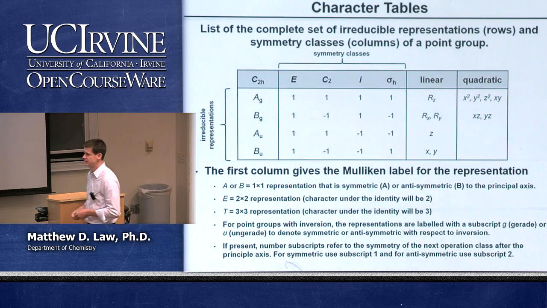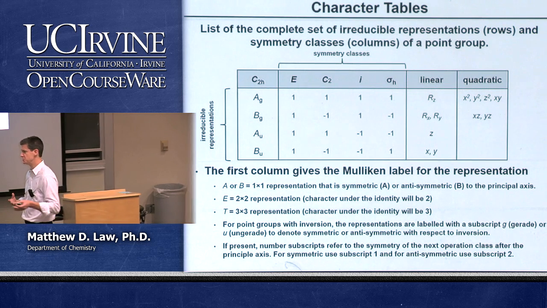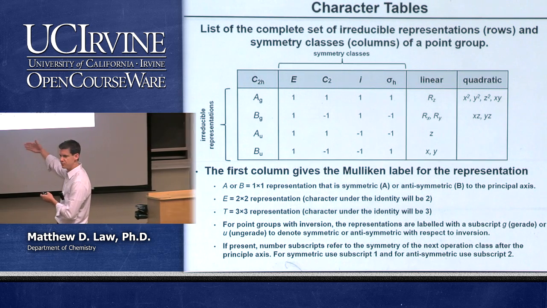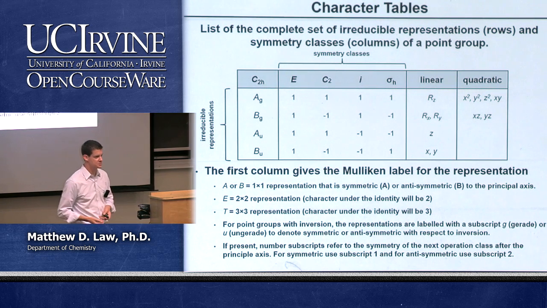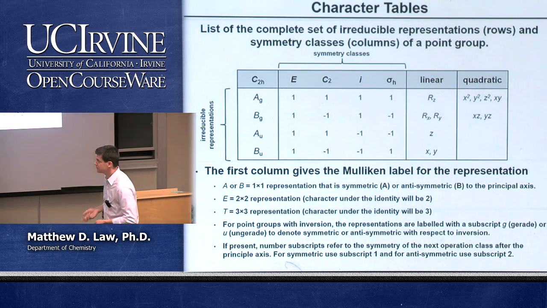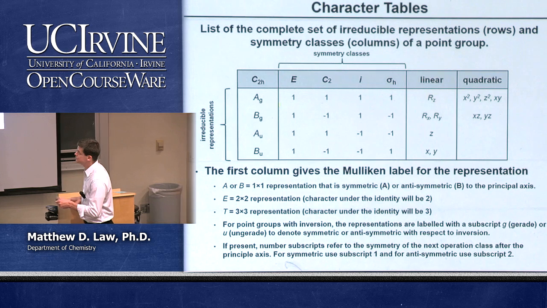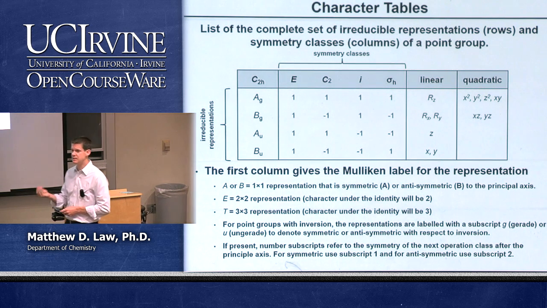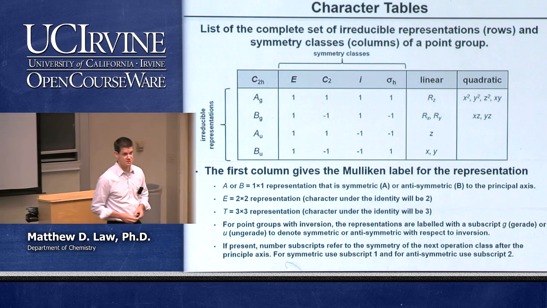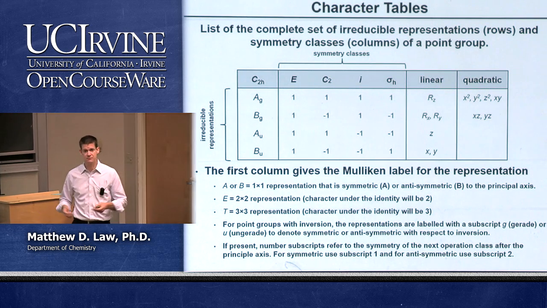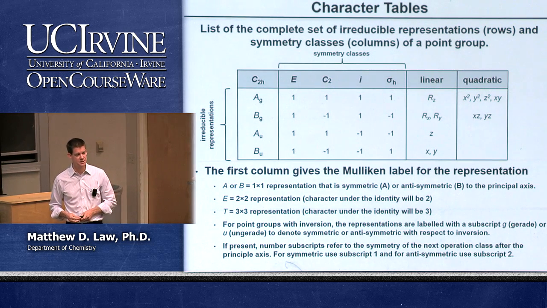So you might have a 1 if it's symmetric with respect to a reflection plane that's farther along in the character table, a 2 if it's anti-symmetric with respect to that reflection plane. The bottom line is that what we want is a simple labeling scheme that tells us immediately what the symmetry is of that particular irreducible representation, so just at a glance, we can tell the basic flavor of that representation.